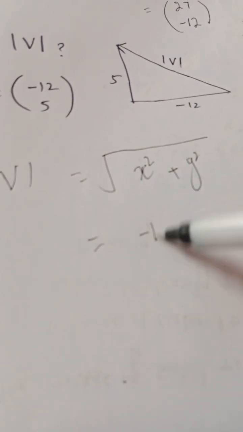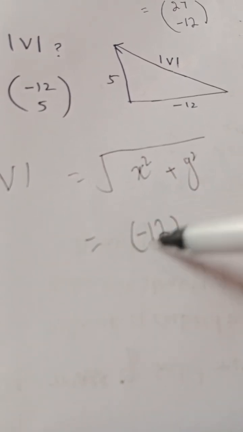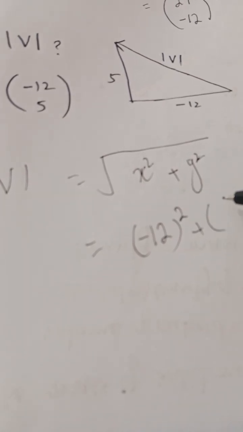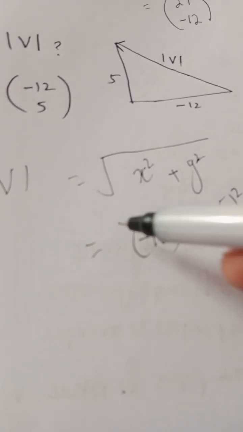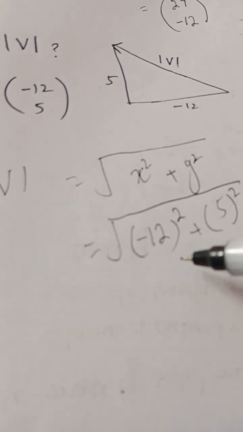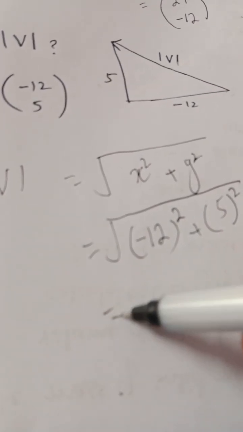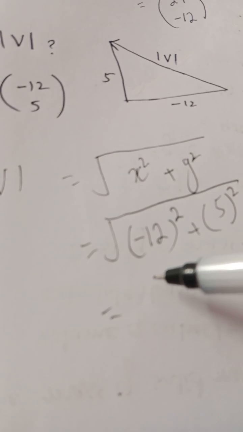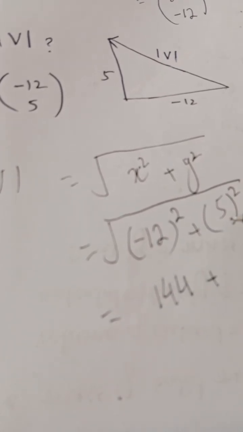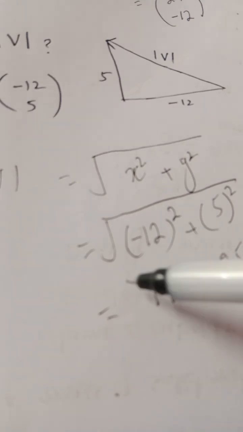So x is here minus 12, take the square of minus 12, and square of y, that is 5 square. As we know, 12 square is equal to 12 into 12, and minus into minus will give us positive sign. So it will be 144, and square of 5 is 25.